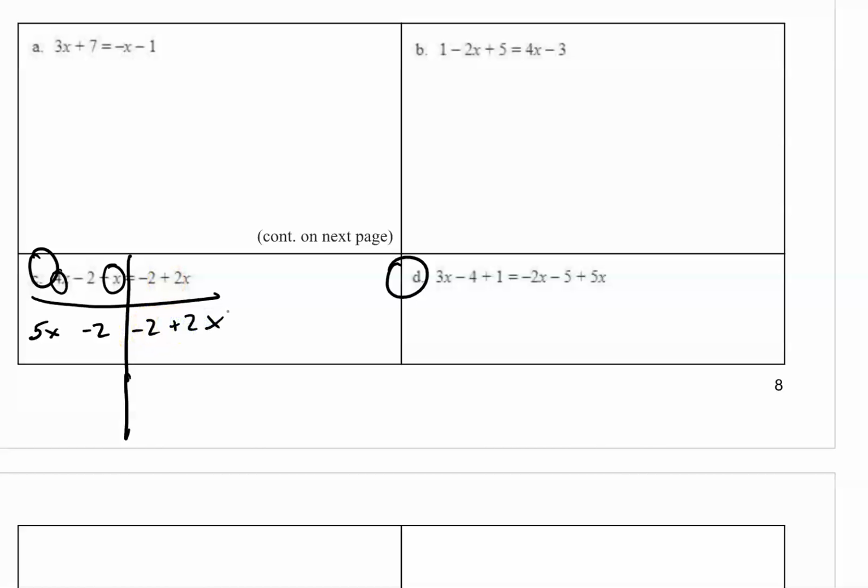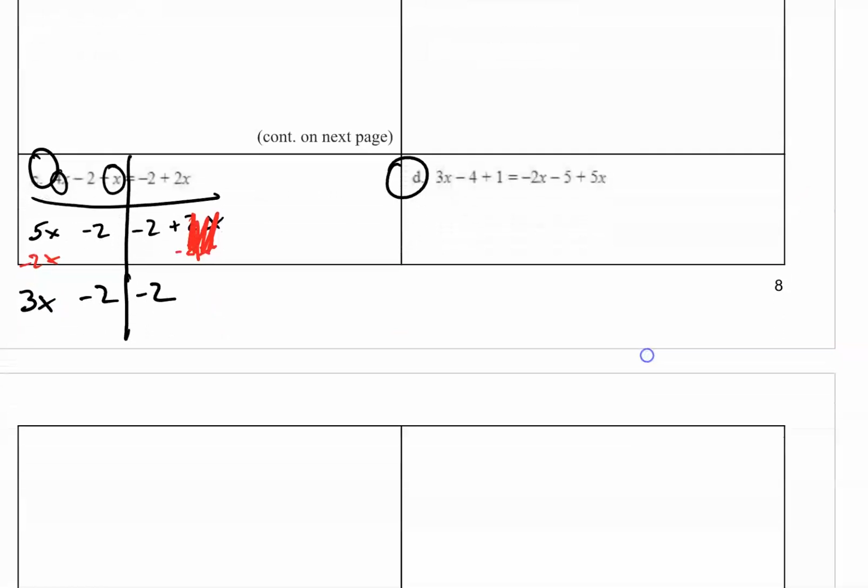Okay, then I look for the smaller x, which is this one, and I make a 0 pair. So minus 2x. 2x and minus 2x, 0 out. A number minus itself, that's 0. 5x minus 2x is 3x minus 2. And all that's left on the right side is minus 2.